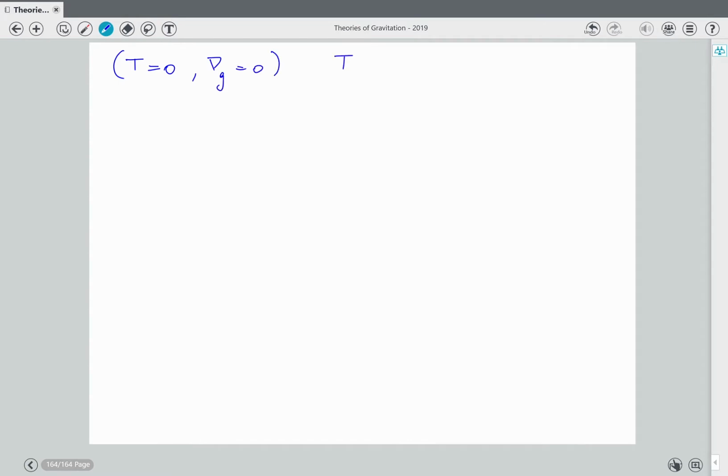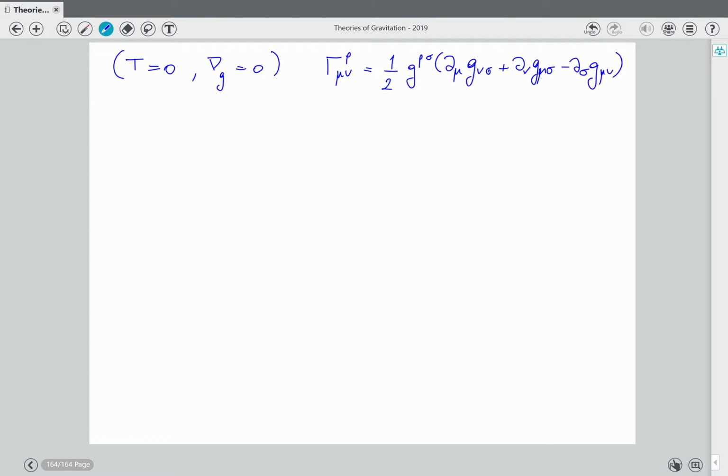then gamma mu nu rho is equal to 1/2 g rho sigma (partial mu g nu sigma plus partial nu g mu sigma minus partial sigma g mu nu).